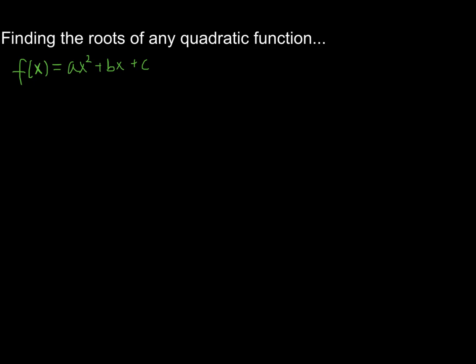They could be negative 16, 2, and negative 43. It doesn't matter what they are. We're going to set this equation equal to 0 and solve, and see that there's an equation that will allow us to solve for any set of coefficients that we might come across. So let's go ahead and give this a try.